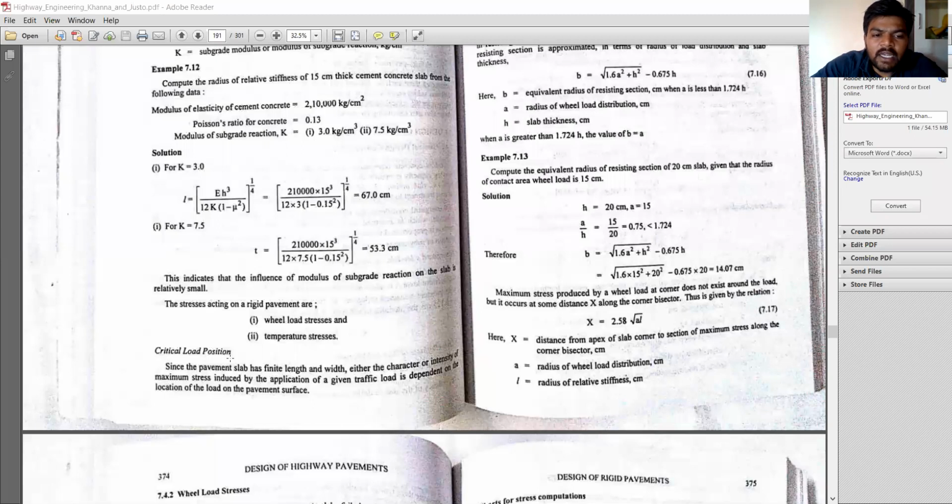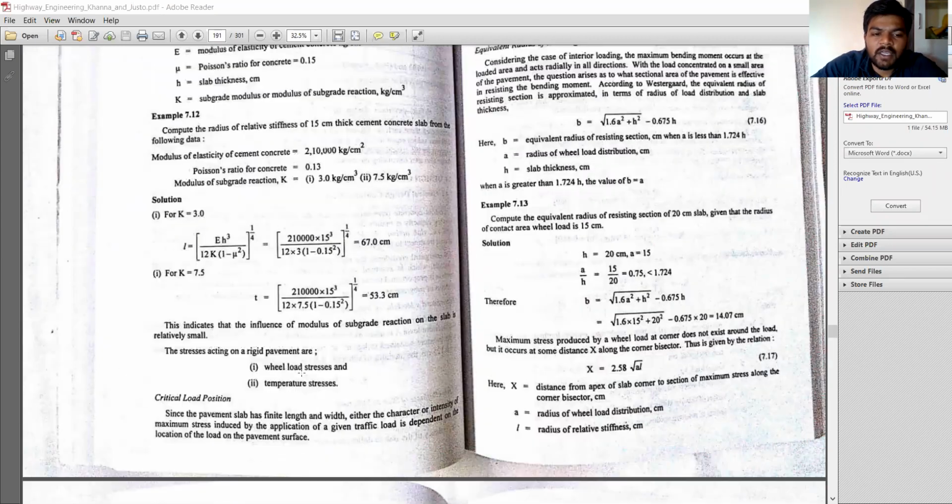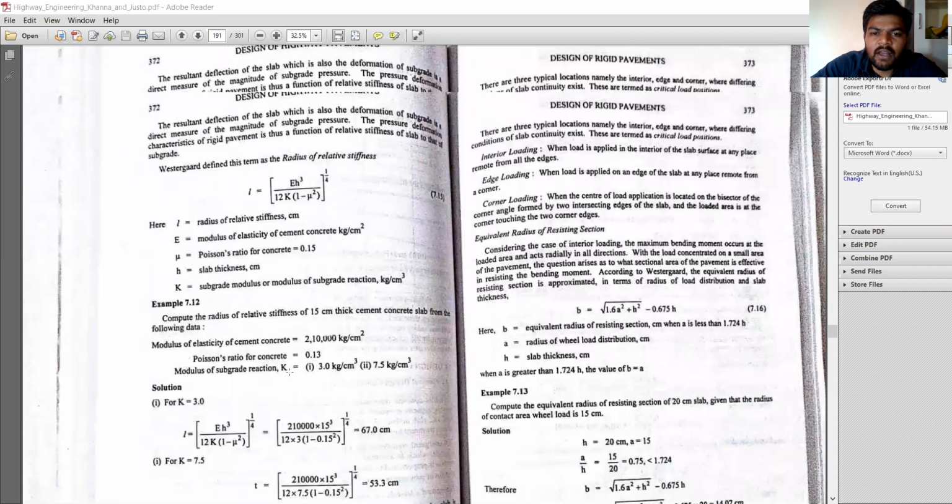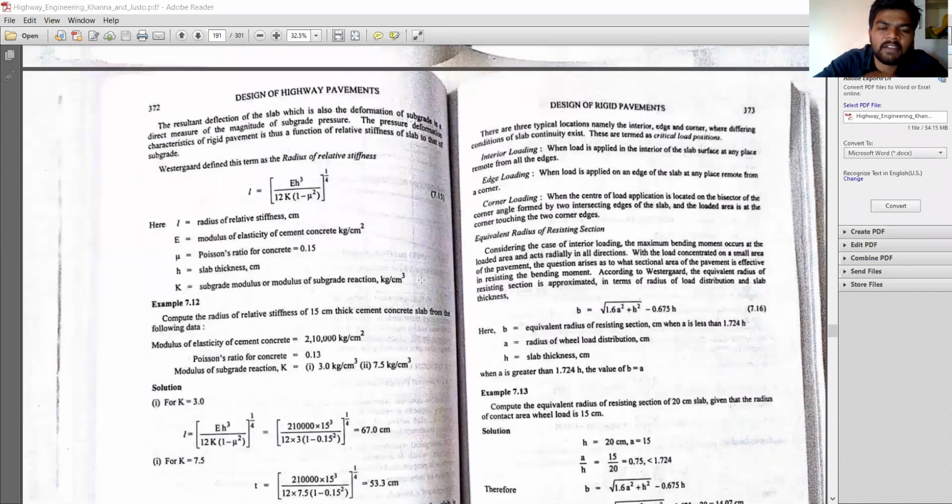Yes, here, critical load position. The next concept is critical load position. As I explained, there will be interior loading, edge loading, corner loading. See here, there are three typical locations, namely interior, edge and corner, where differing conditions of slab continuity exist. First, interior loading.